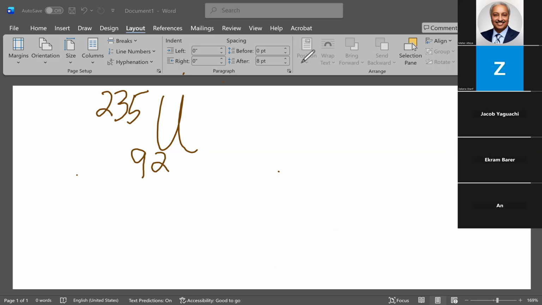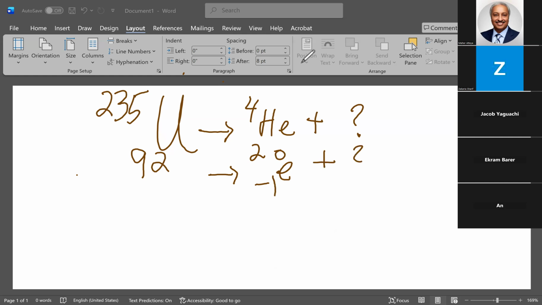The question is, I am getting out first alpha radiation, 4 and 2. What will be the element coming here? I'm getting out beta radiation, which is 0 and minus 1. What will be this element? I'm getting out a positron, plus 1, plus an element.